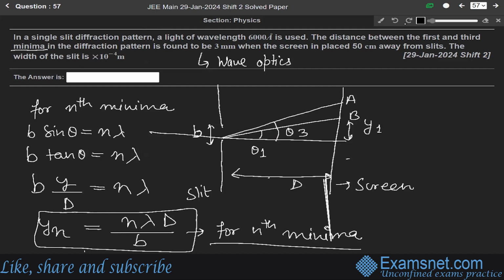Now from the question, let us say the first minima is forming at point B, and the third minima is forming at point A. According to the question, the first and the third minima are formed there.